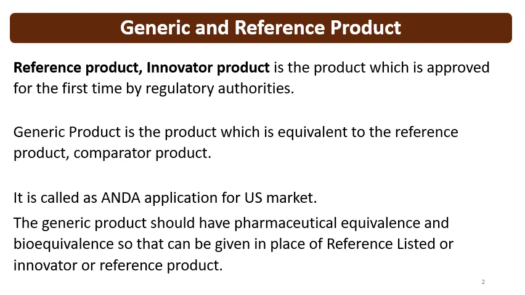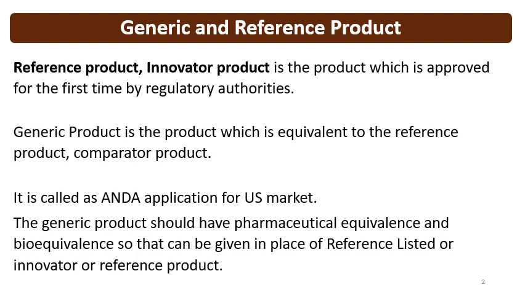Then many of the people don't know the difference between generic and reference product. The reference product is also known as RLD for the US market, or innovator product, or patented product. This product is approved for the first time by the regulatory authorities, and it may or may not include a new medicine, that is a new chemical entity or new molecular entity.